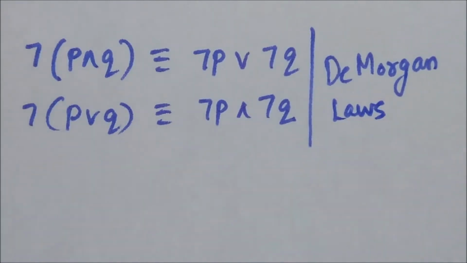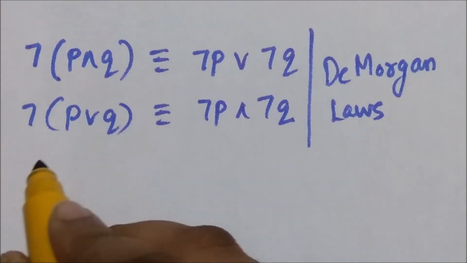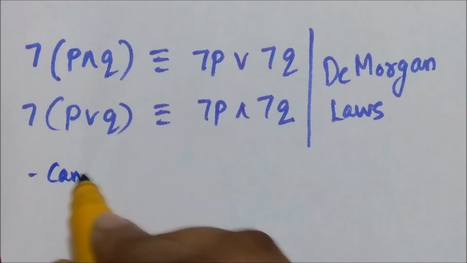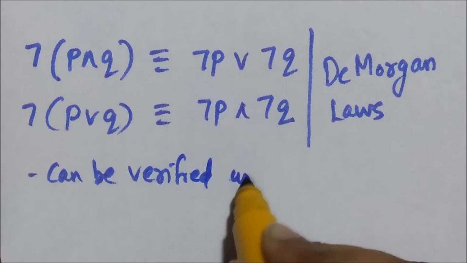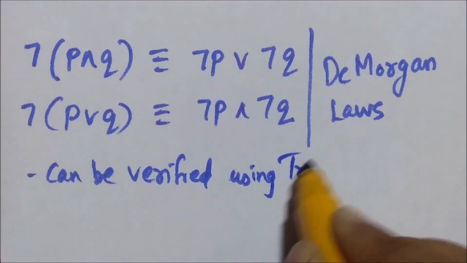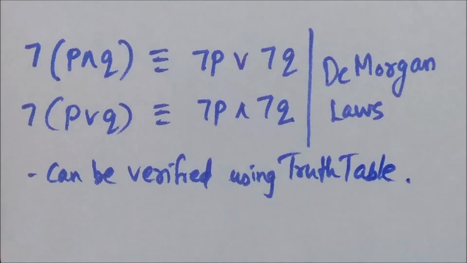So not of P is not P, not of "and" is going to be "or", and not of Q is not Q. That's why not of (P and Q) is equivalent to not P or not Q. And now not of (P or Q). Again we are bringing the not inside. Not of P is not P, not of "or" is "and", and not of Q is not Q. And hence not of (P or Q) is equivalent to not P and not Q.